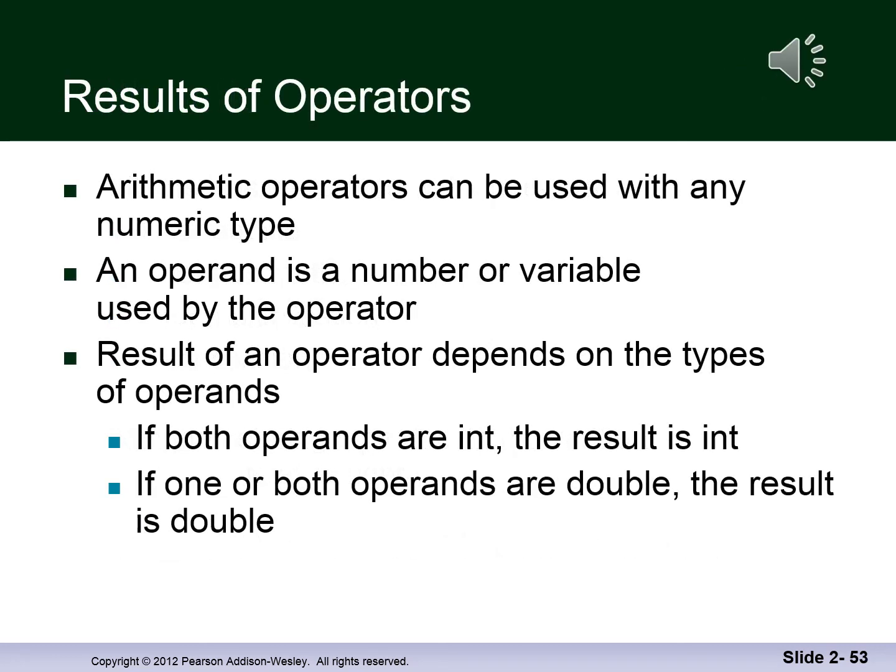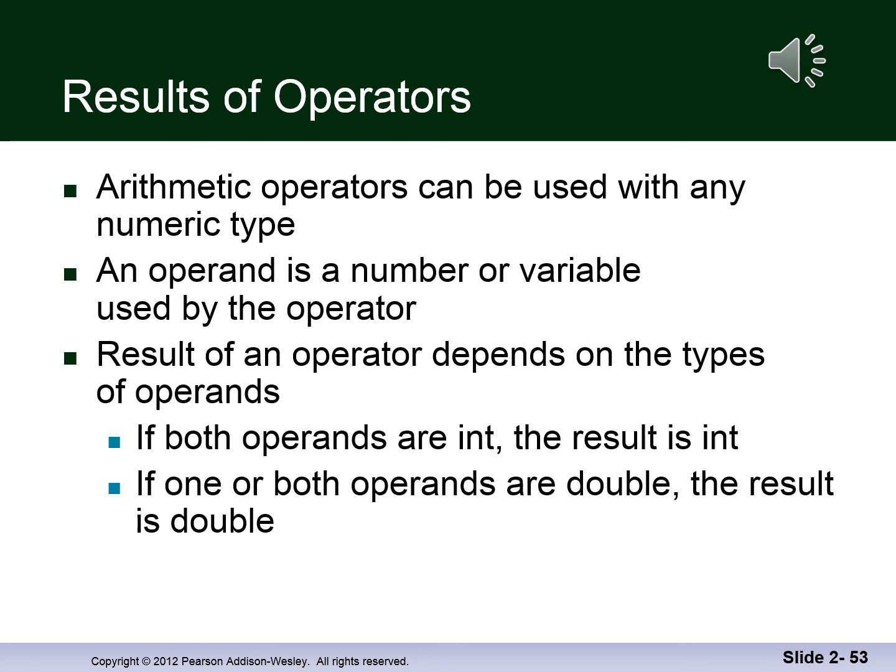Arithmetic operators can be used with any numeric type. An operand is a number or variable used by the operator. It could be a number that's hard-coded into an expression or a variable that holds a numeric value. The result of an operator depends on the types of operands in the expression. If both operands are int, the result is an int.